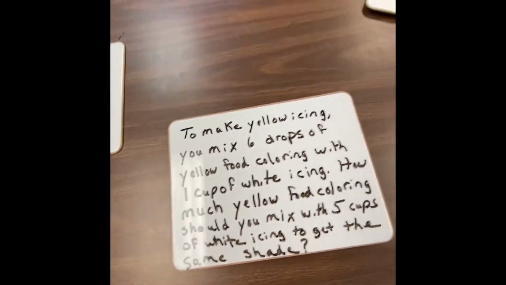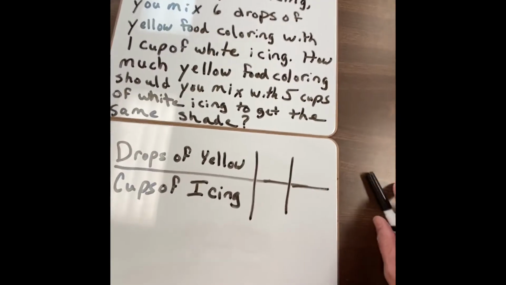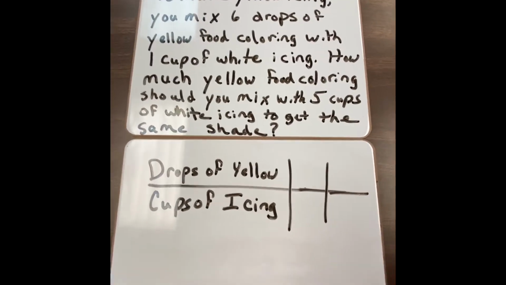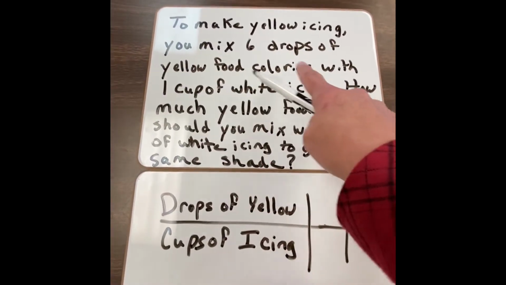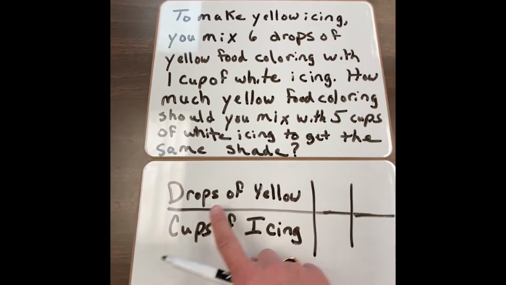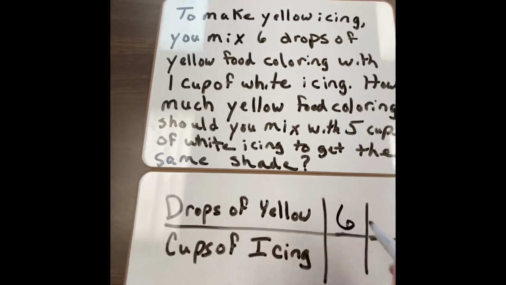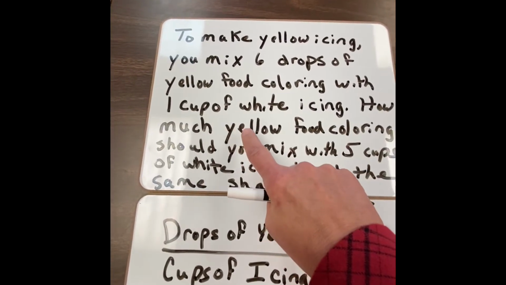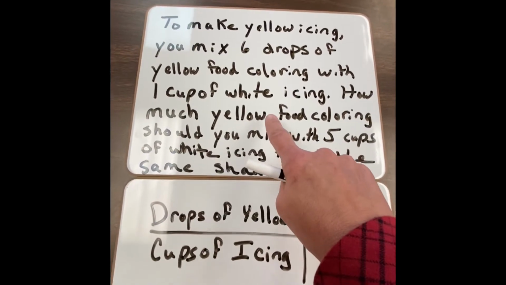So let's look at this ratio table that I have done here. Let's go back and look at the problem again. To make yellow icing, you mix 6 drops of yellow food coloring. So drops of yellow food coloring would be 6, right? Then, how many cups of white icing would that make?